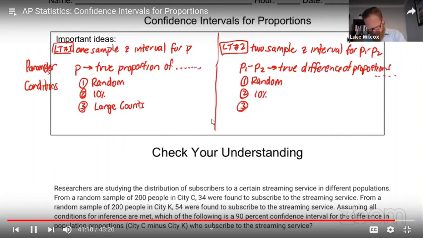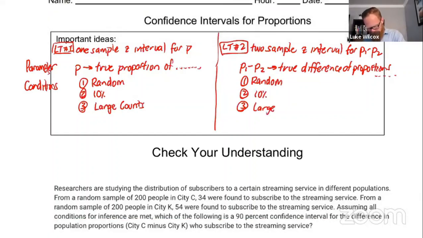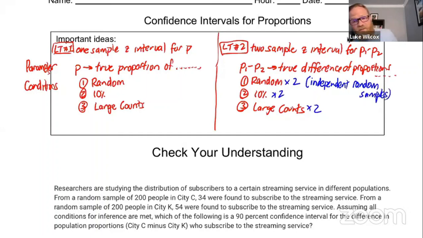First of all, you have to realize that you're going to have to check all 3 of those conditions for now 2 samples from 2 populations. So I'm going to put a little note here that we really have twice the amount of work to do, right? And the other thing I want to mention is that for the random condition, if you have random samples, you do want to make sure that you say that there are independent random samples. The other possibility too is that you could have an experiment that utilizes random assignment, which would satisfy that same condition, the random condition.